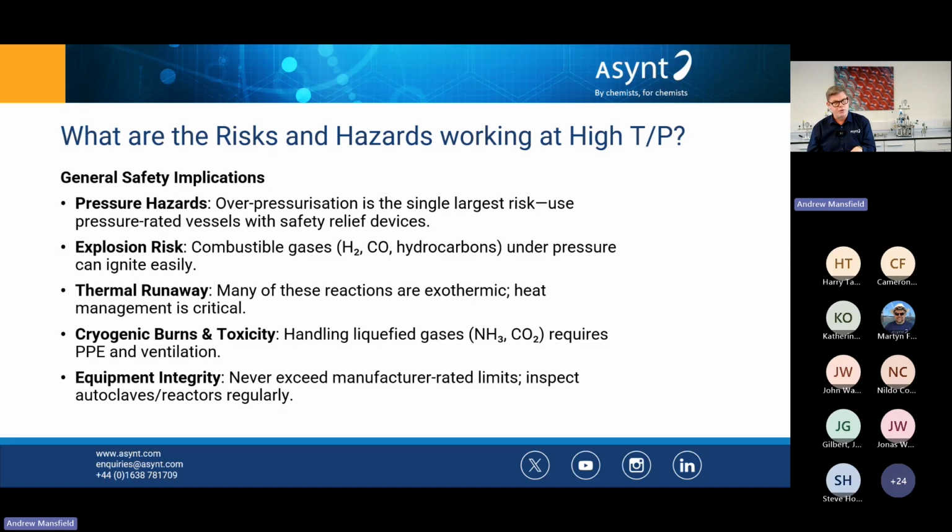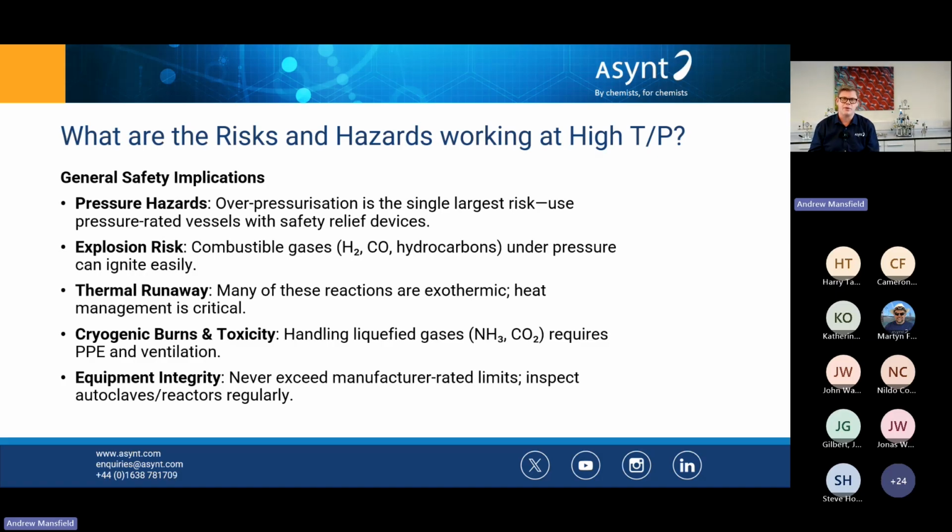Lots of these reactions are exothermic, so we need to think about proper temperature and heat management, whether that's heating our reactor, but also cooling. And we can do that with jacketed, autoclave, or pressure reactors. Again, if we're using things like supercritical CO2, we need to think about cryogenic burns and the toxicity of the material that we're using.